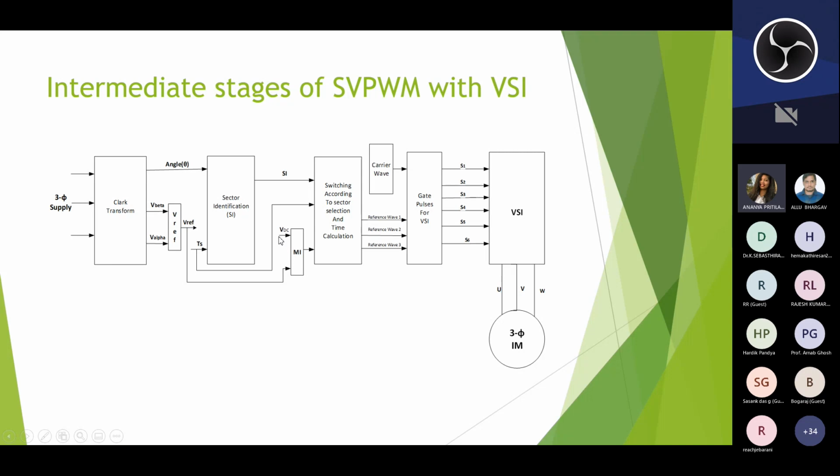After that, the switching pulses for each instant are generated. Then those pulses are applied to the voltage source inverter, and from that I have fed the three-phase induction motor.